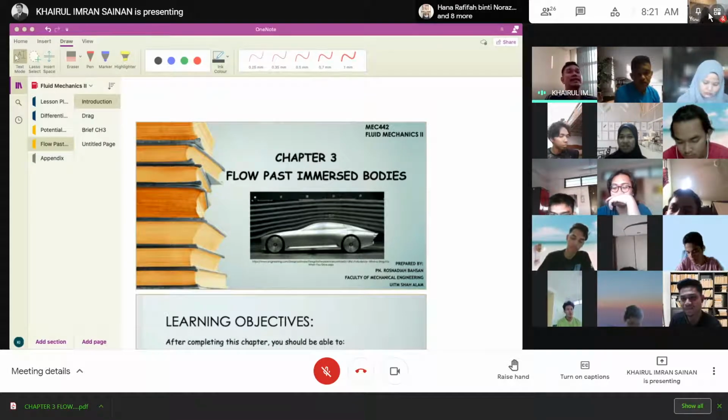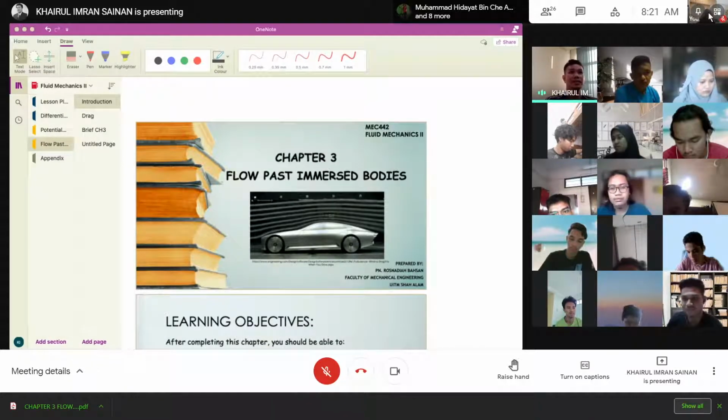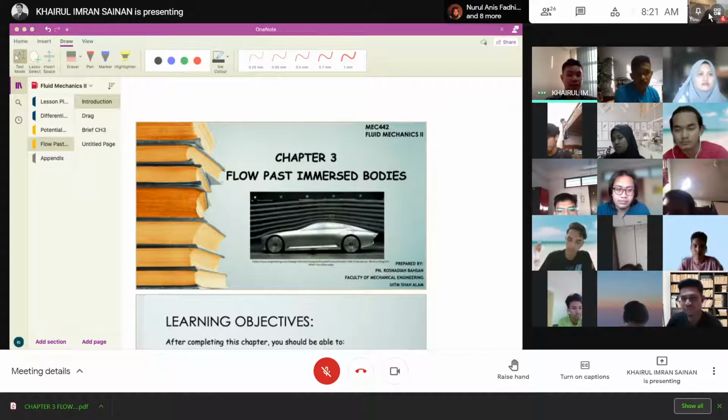So everybody got the idea. Some of you told us that the waves collide with air. Okay. So meaning it's actually a flow past an immersed body, right? The car or the aircraft is actually the object, the body.